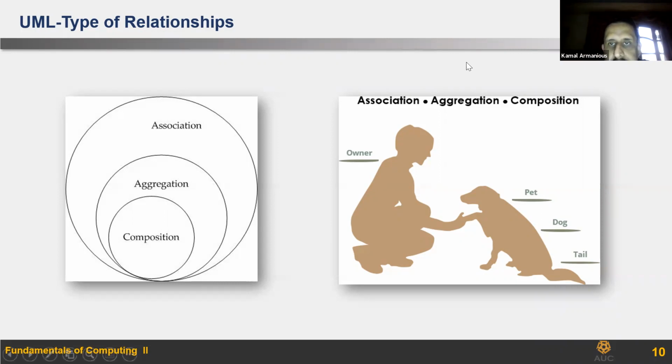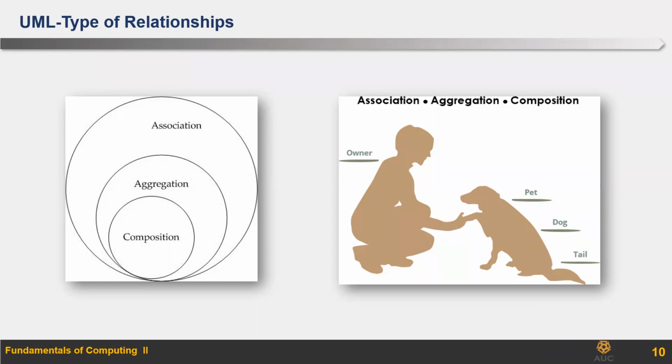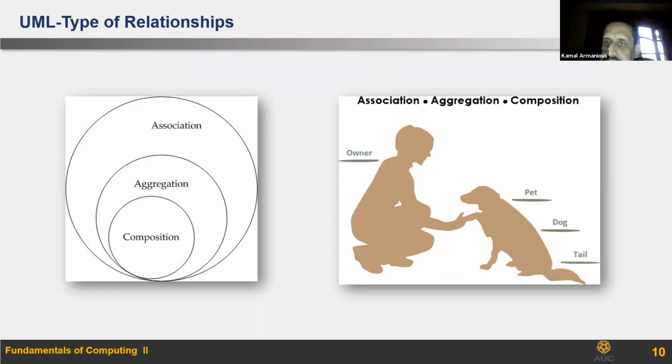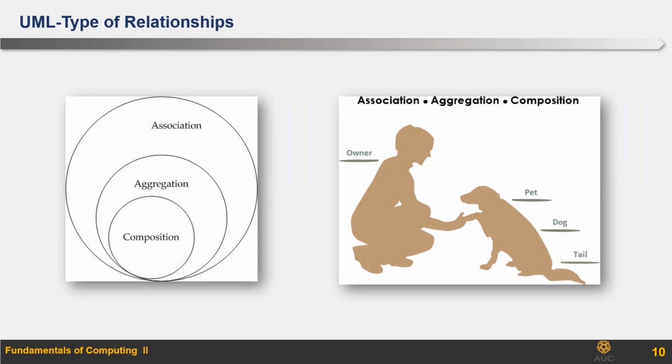So Yasin, if you are seeing this picture between this lady and this dog, what is the relationship between the lady and the dog? The lady is the owner of the dog, and the dog is the pet of the lady. Yes, that's fine. So there's a relation between the dog and the lady.